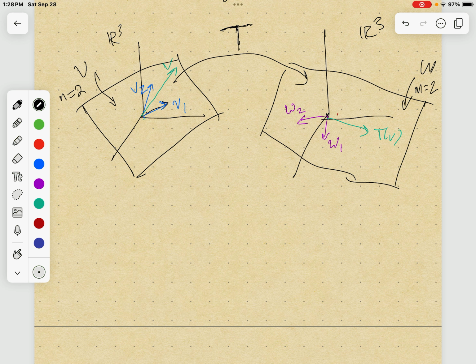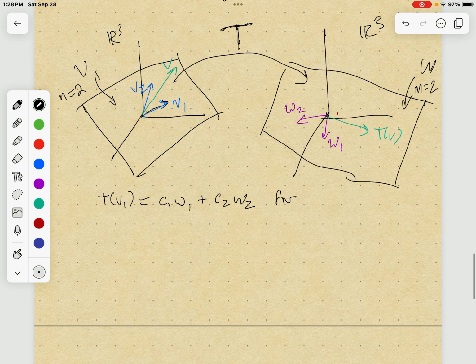So when I look at T of V1, that's going to be some vector in W, and so it's going to be a linear combination of W1 and W2. So let's say C1 W1 plus C2 W2 for some scalars C1 and C2.